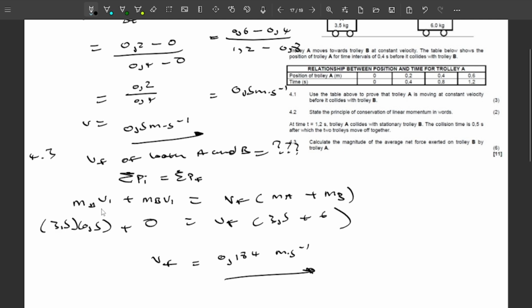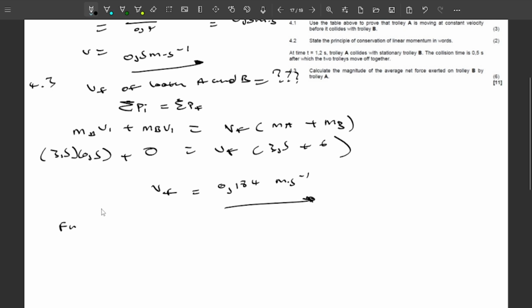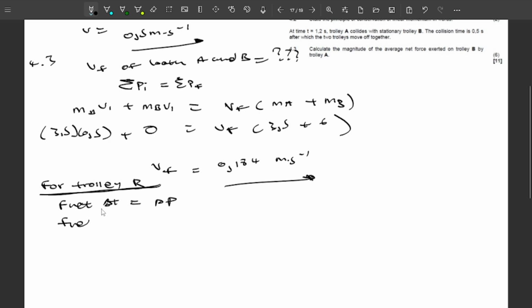Now, since they want the F net, we're going to say F net Δt is equal to ΔP, for trolley B. Let's just write it out. Trolley B, and voila. Then, since we know it's the F net, the time they said was 1.2 seconds, right?